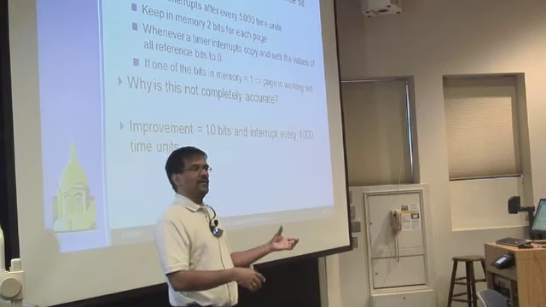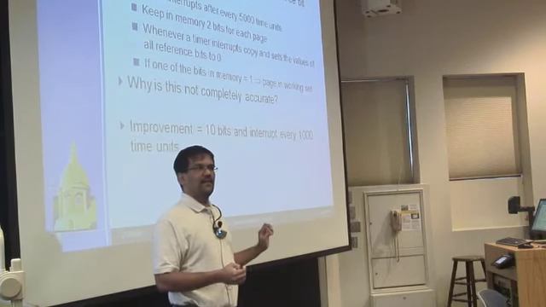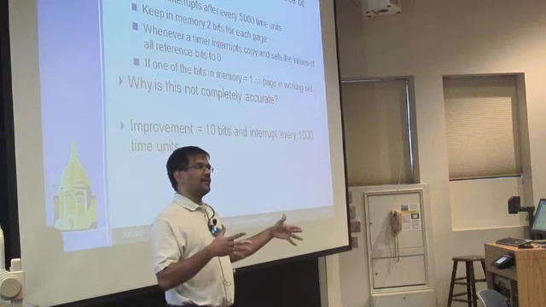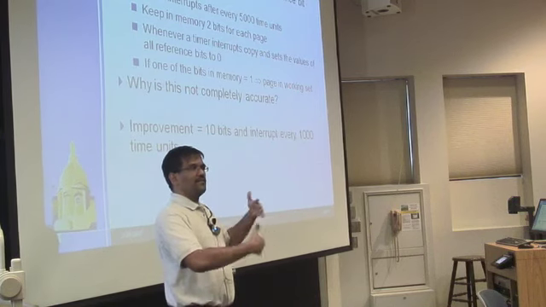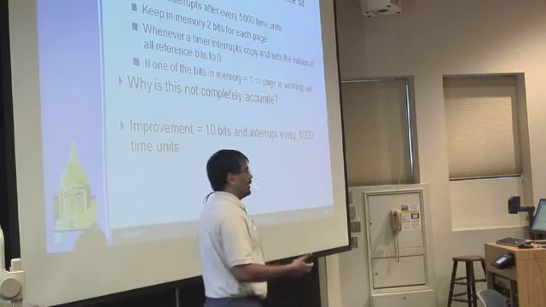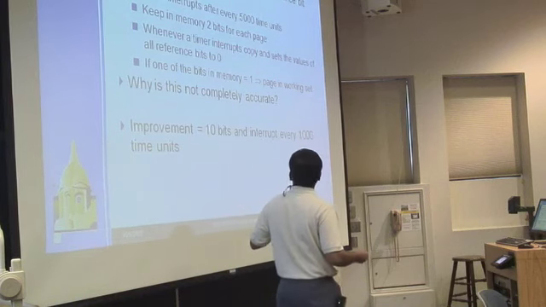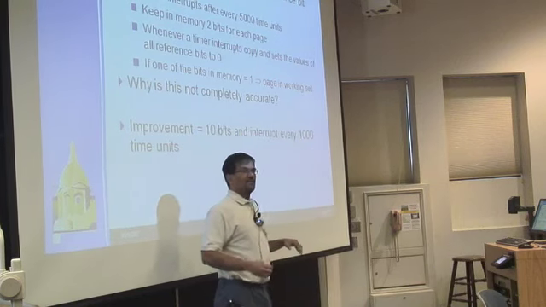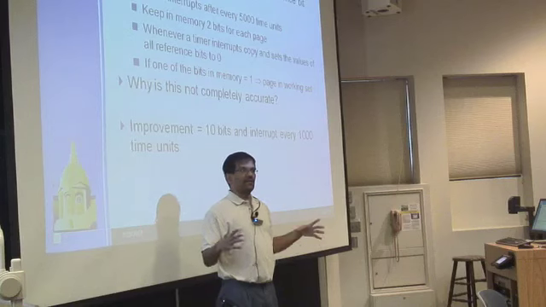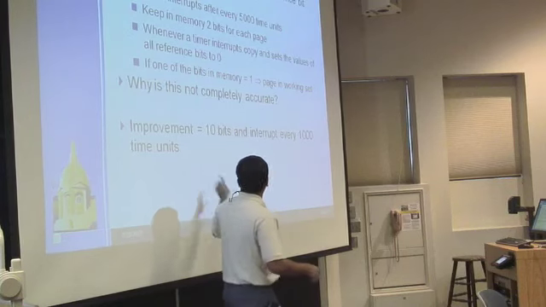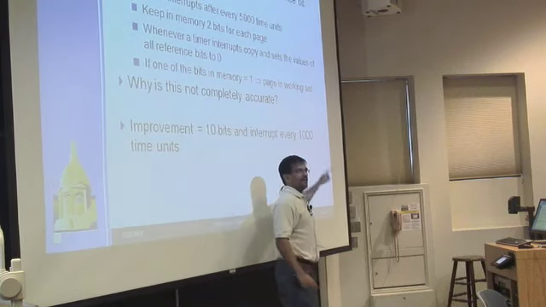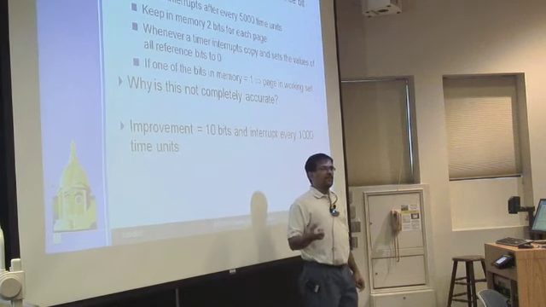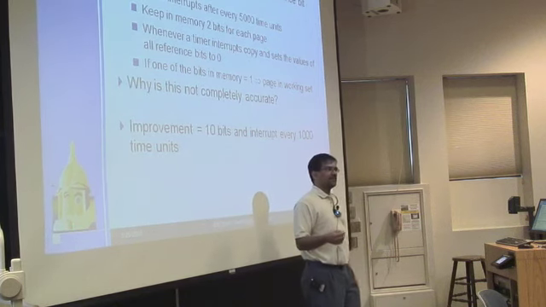If you have only one bit, you just know that the page was accessed. But if you have a larger counter, then you can get a sense of which frames are being accessed a lot and make some inferences. So ideally, if you have like 10 bits, and you keep the number of time units small, then you can learn this.